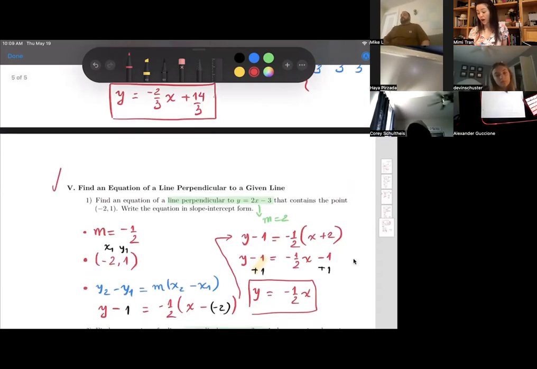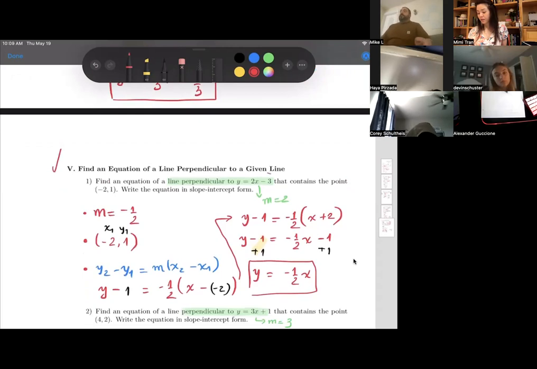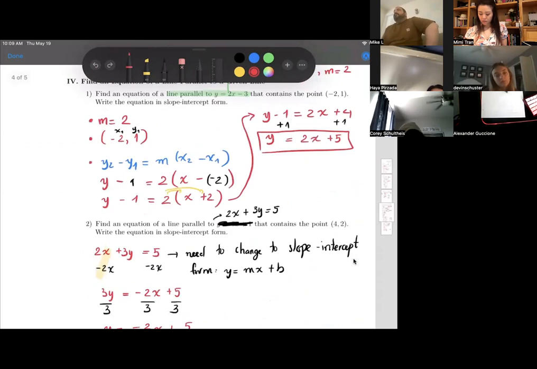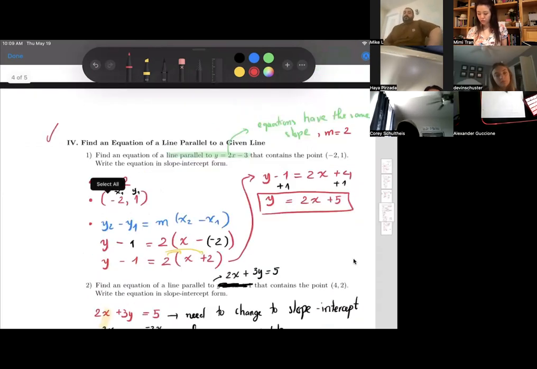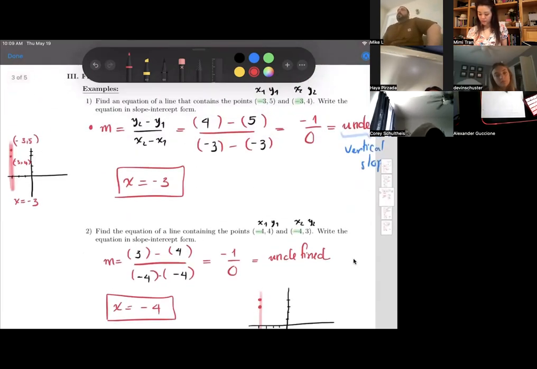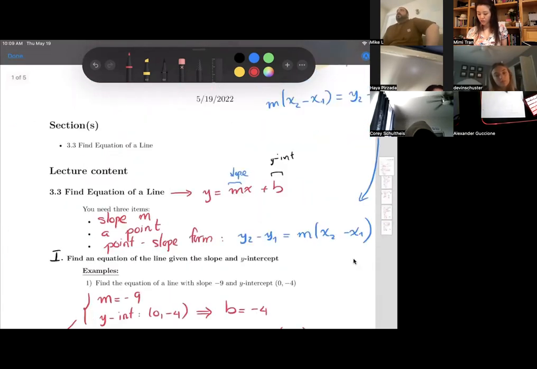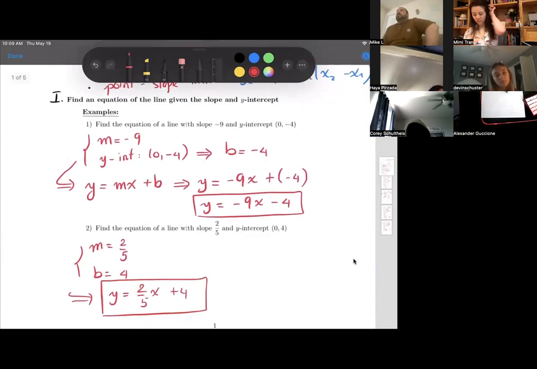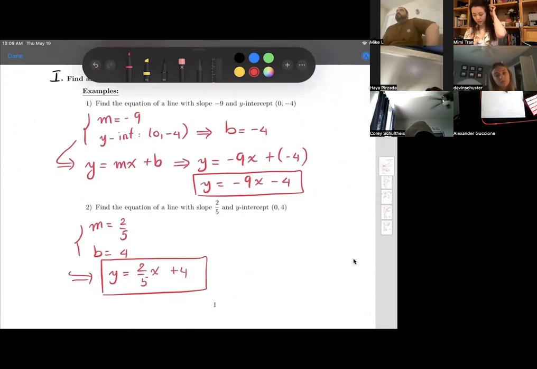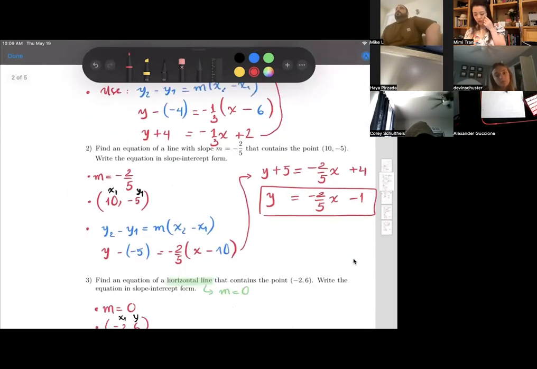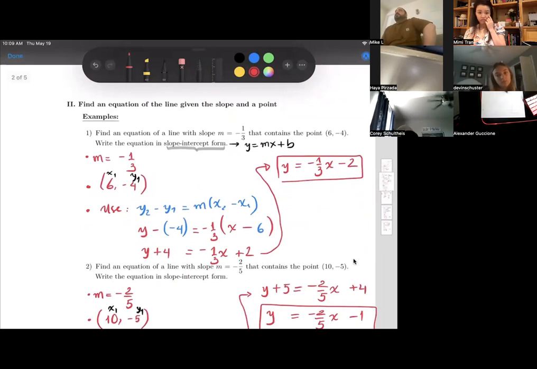If it's easy, then I give you one that's already in slope intercept form, right? If not, then you have to change it into slope intercept form, right? So this is also possible on the exam. Absolutely possible. Actually, everything is possible except for the first one, which is too easy. I'm probably not gonna put that on the exam. You can't just plug it in. But the rest is possible.